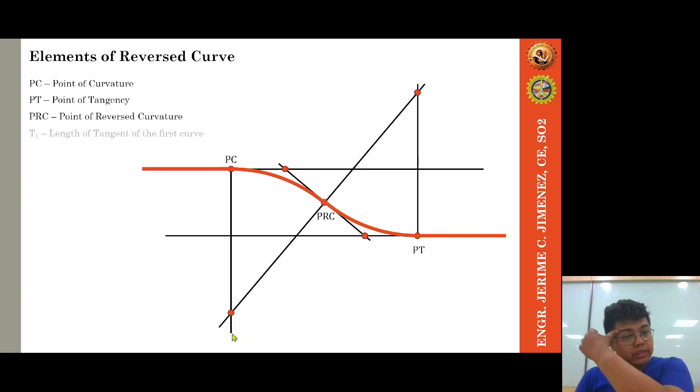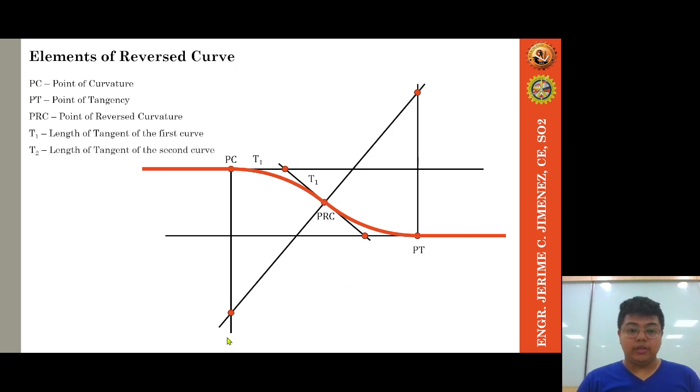Next, we have T sub 1. Okay, so familiar na tayo dito sa T sub 1, no? So this is the length of the first tangent distance. So this T sub 1 lies from PC papunta dito sa point of intersection of first curvature, and from the point of intersection of the first curvature papunta naman siya sa PRC. Okay? Yan po yung T sub 1.